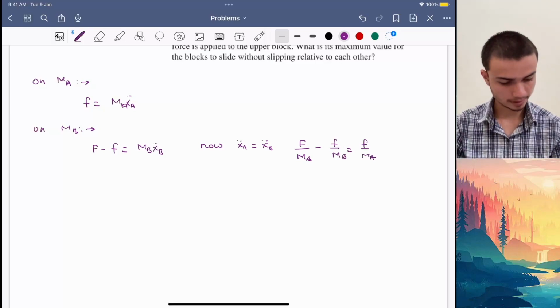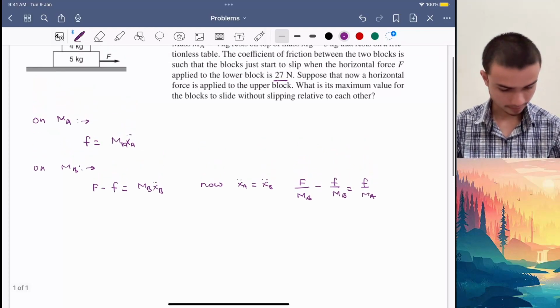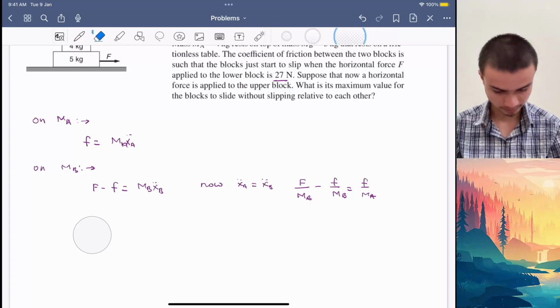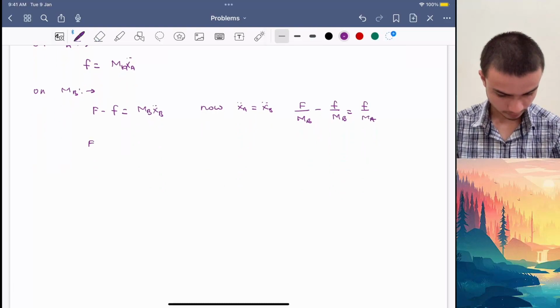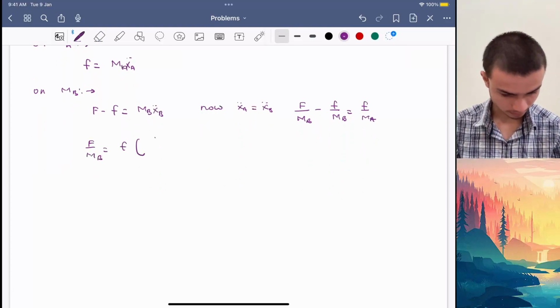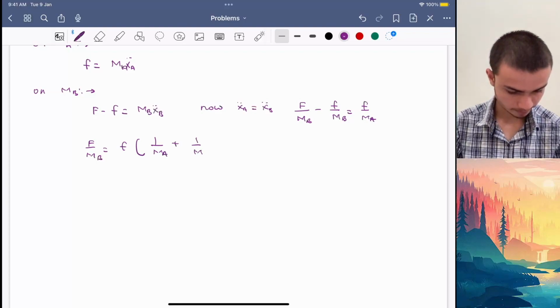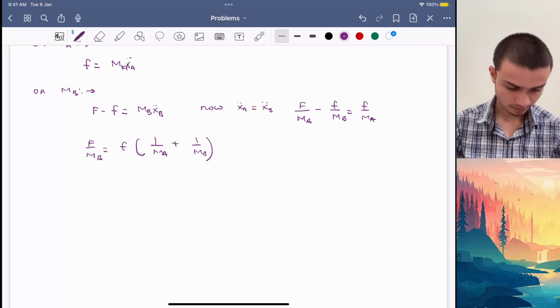Now we solve this part. I'll write it as F upon MB equals small f times 1 upon MA plus 1 upon MB.